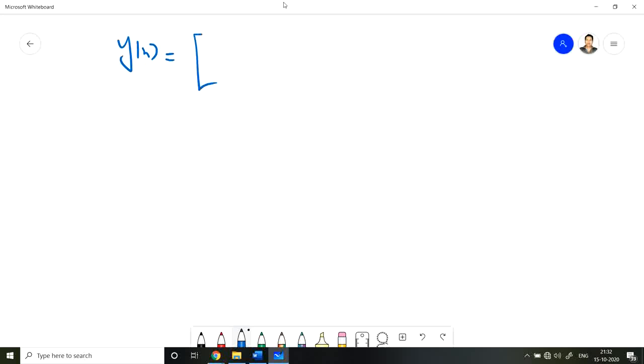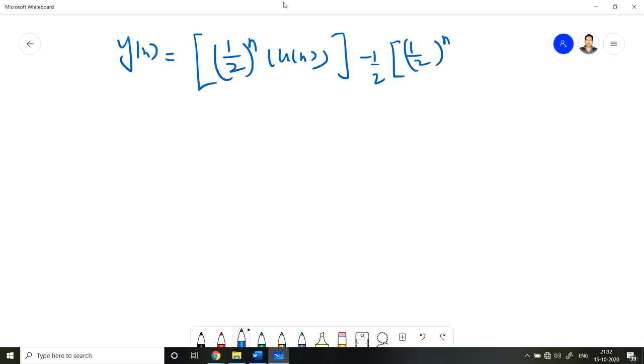Instead of xn, we are putting 1 by 2 raised to the power n un, and what is the value of 1 by 2 xn minus 1? So it is 1 by 2, we can put outside, so it is 1 by 2 raised to the power n minus 1 un minus 1.